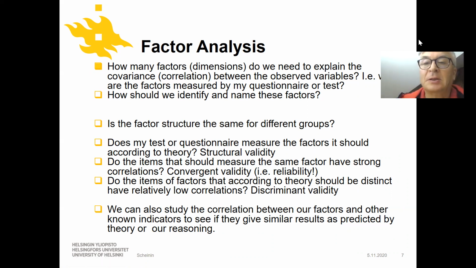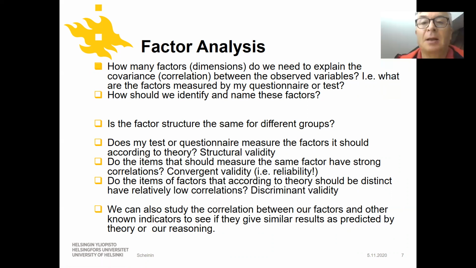And the question here is, do we have in our test or in our questionnaire many factors that are behind the way the correlations are, or are there just one or a few?